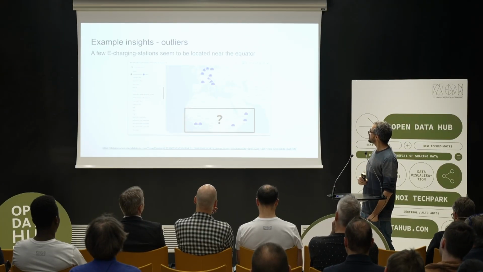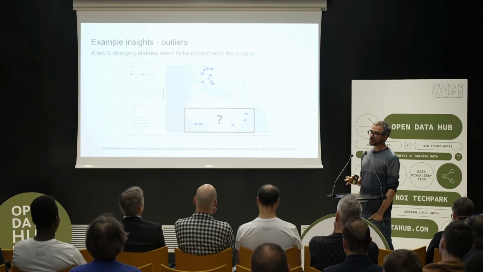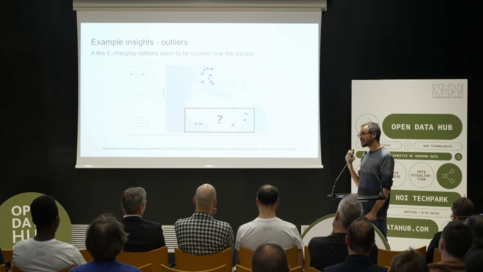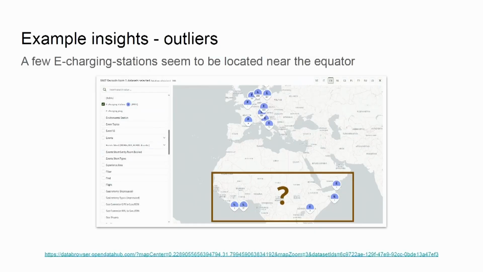So this is another insight, where we talked before about outliers and maybe some data errors. And this is a nice example about the e-charging stations stored in the Open Data Hub. You see that there is lots of data in Europe, so there are lots of stations, and I encourage you to take a look at that data set. It's nice.